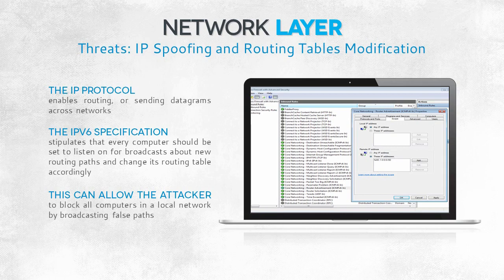If you resend a spoofed broadcast packet with a false routing path a couple of times, it'll prevent the target computer from communicating with the network. Usually it takes 200 to 500 such packets to completely disable the computer. It'll consume 100% of the processor usage.